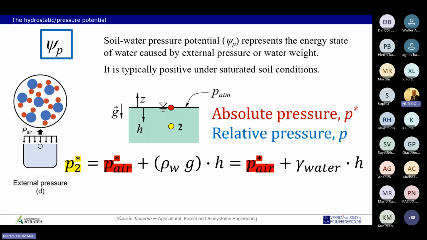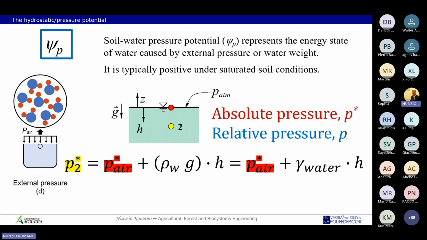It is the multiplication of the density of water, g, the acceleration of gravity, times h. h is the vertical distance between the 2 points.